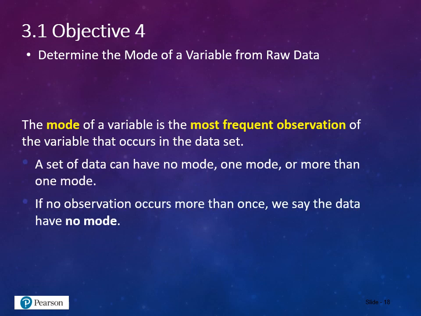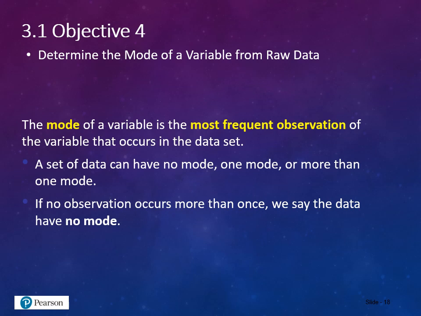A set of data can have no mode, one mode, or more than one mode. It has no mode if there are no repeating answers, if there's no answer that's used more than once. It has one mode if one answer has the most persons picking it or more observations than any other.